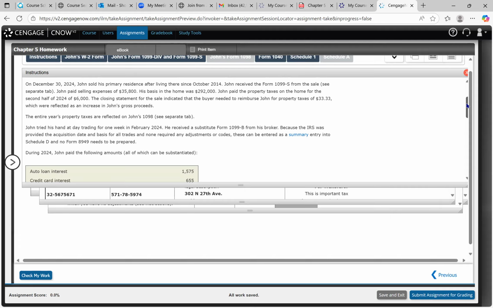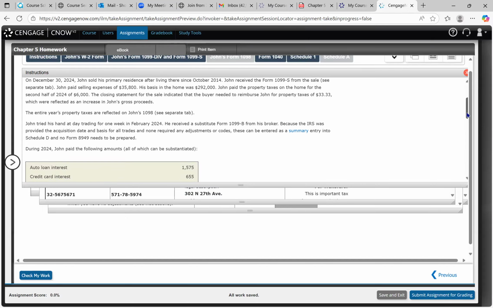Then his basis in the home, he paid property taxes on the home for the second half of $6,000. The closing statement for the sale indicated the buyer needed to reimburse John for property taxes of $33, which were reflected as an increase in John's proceeds.